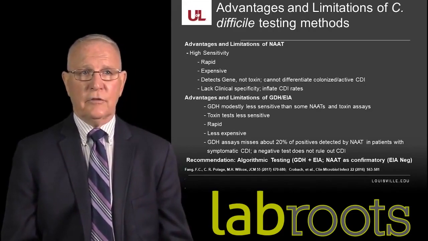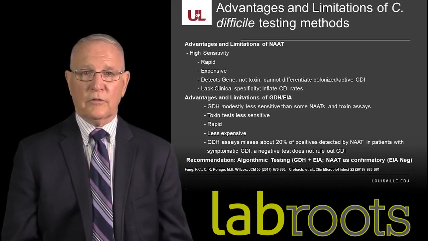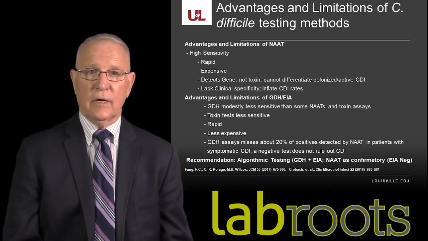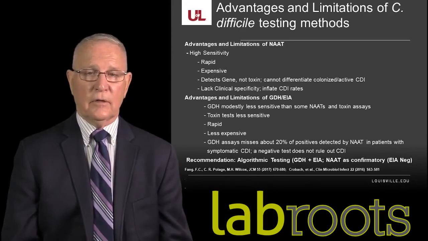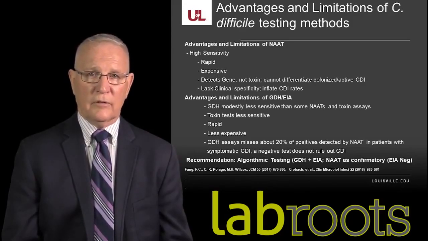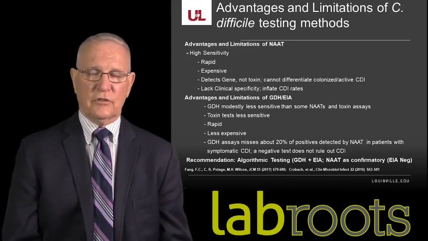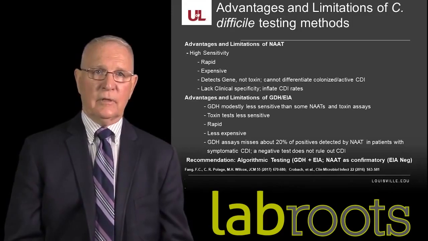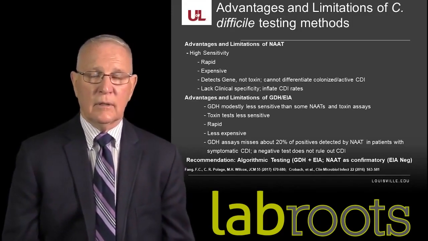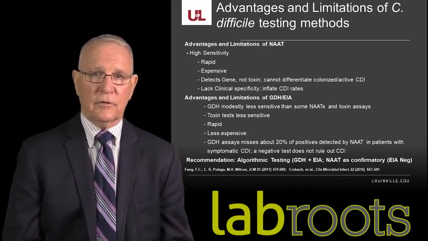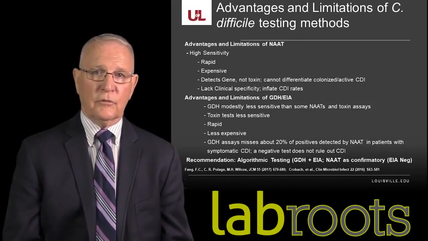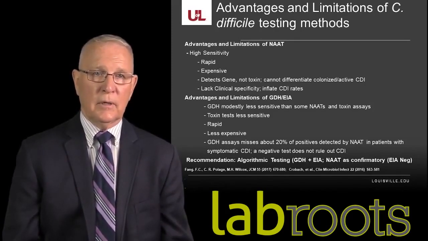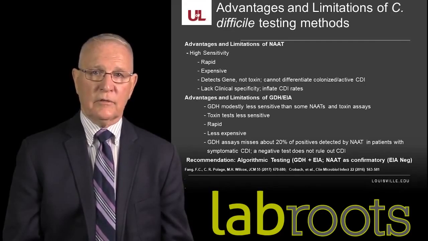If we look at the advantages and the limitations of our more conventional EIAs, GDH and toxin EIA in this case, I think it's important to realize that glutamate dehydrogenase is modestly or somewhat less sensitive than your nucleic acid test and your toxin assays. Less sensitive for a variety of reasons, in that for a positive test you need a certain organism load, and if there are very few organisms in that specimen, it may be below the sensitivity of the assay itself.